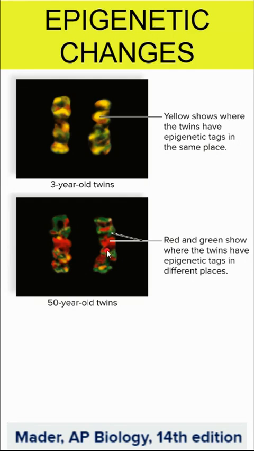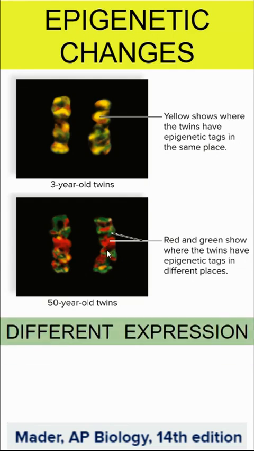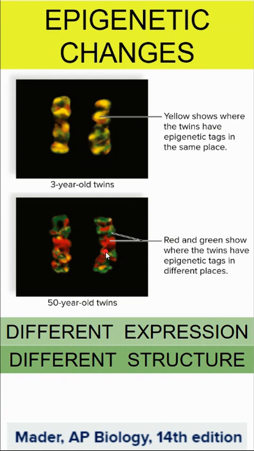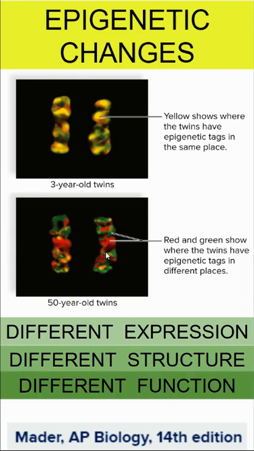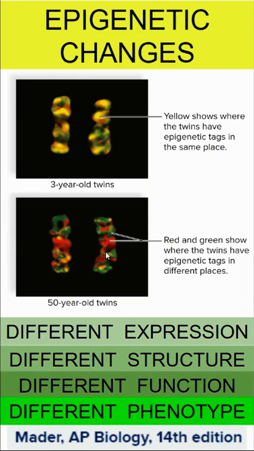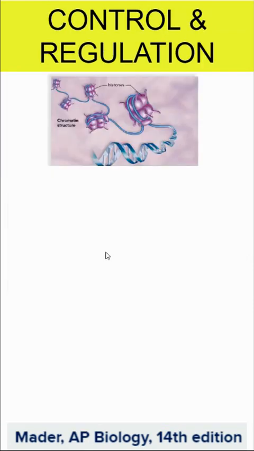And again, if the epigenetic changes are affecting expression, you're going to have different expression if you have a different epigenome. If you have different expression, you're going to have different structure because you're going to be making different proteins. If you have different structure, you're going to have different function and ultimately different phenotypes.